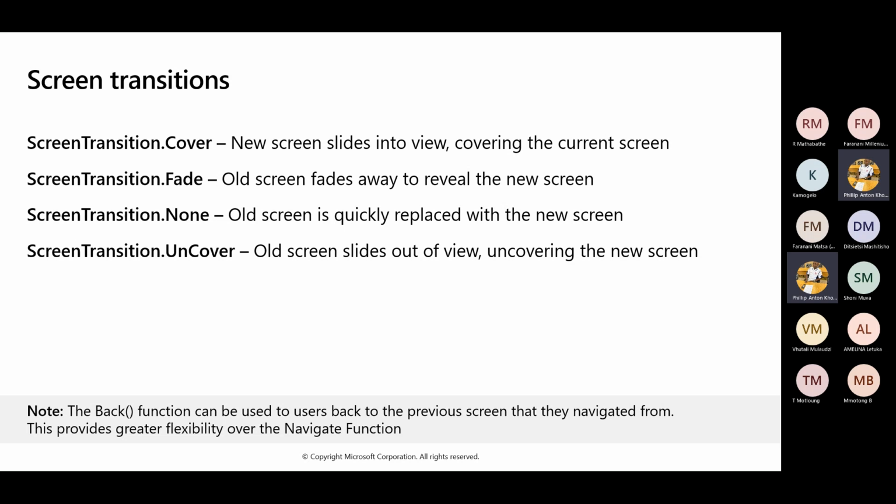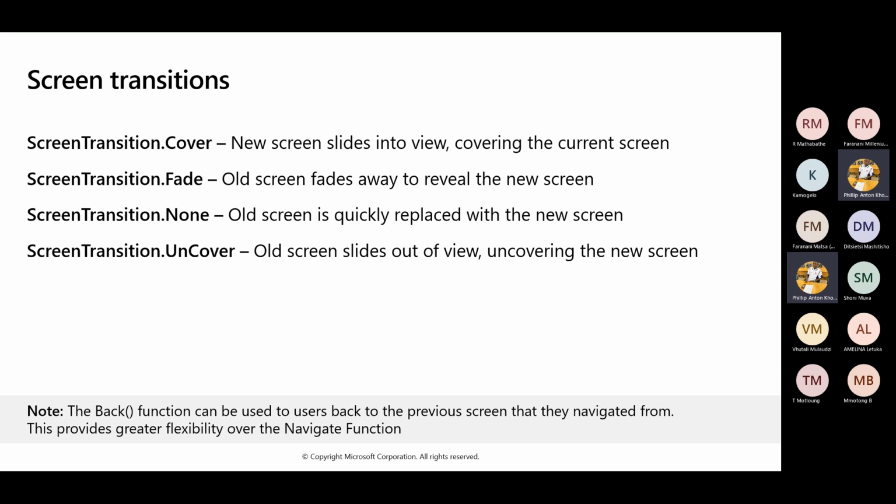Once you say cover, I think it would be from the right if you don't specify the direction. It will slide in the view, covering the previous screen. And then fade, the old screen would fade away, and the new screen would appear during that fade.